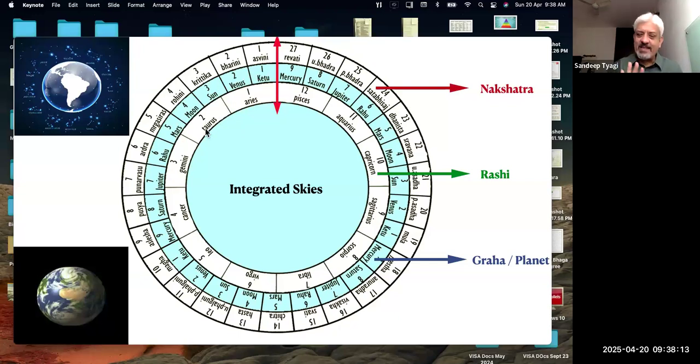So it's a little complex at this stage, don't worry. But just get an idea that they somehow managed to get the division of the 27 fairly well done, so that the 3 degrees 20 minute divisions helped to map them exactly to 360 degrees.